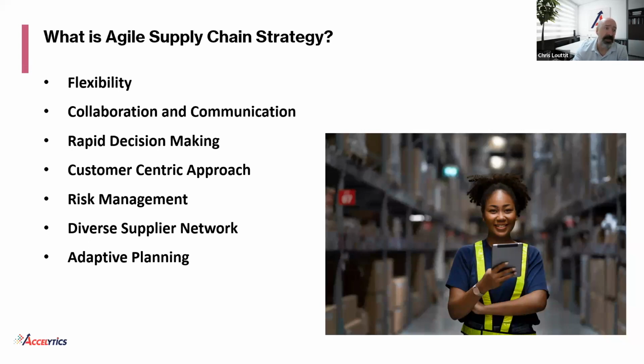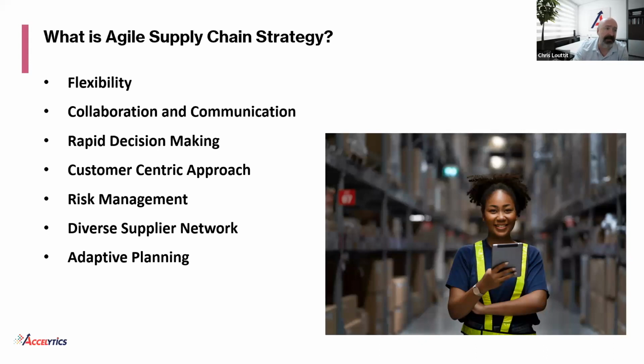Also, risk management. So we need to implement strategies to identify and mitigate risks when we're using the Agile approach. These are things such as supply disruptions, demand fluctuations, and even geopolitical or weather-related events. And then, for diverse suppliers, it's having multiple suppliers and partners to ensure a diversified sourcing base and reduce dependency on a single source.